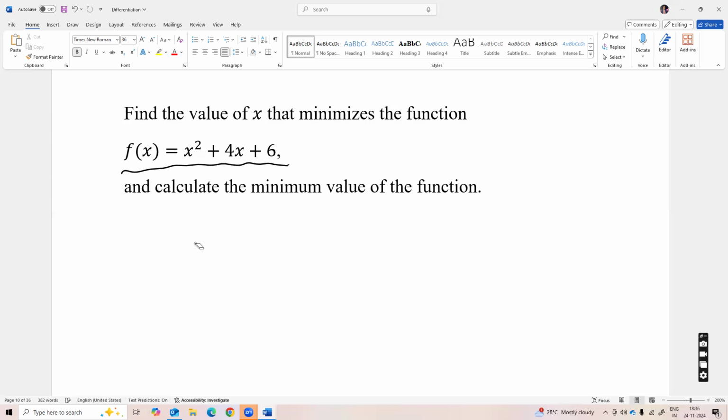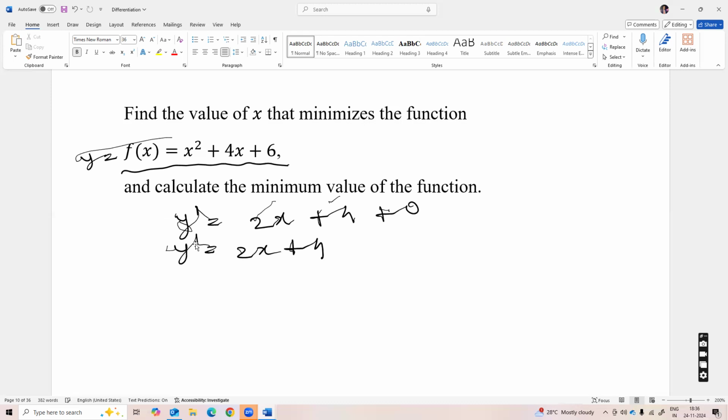Let's say y is equal to f of x. Now if we have to find y dash, the derivative of x square is 2x, the derivative of 4x is 4, and the derivative of 6 is 0. So y dash is equal to 2x plus 4.